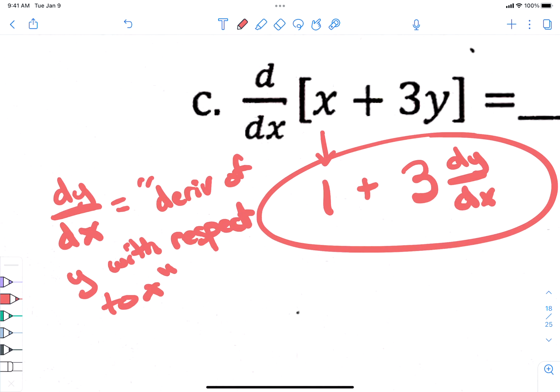But if I have x's and y's intermixed, this is just saying, hey, x is my main variable that I'm taking the derivative of, right? Okay, so x can stay 1, we don't have to put any extra fancy things in there, but anytime y is involved, we have to tack on dy dx at the end, right?